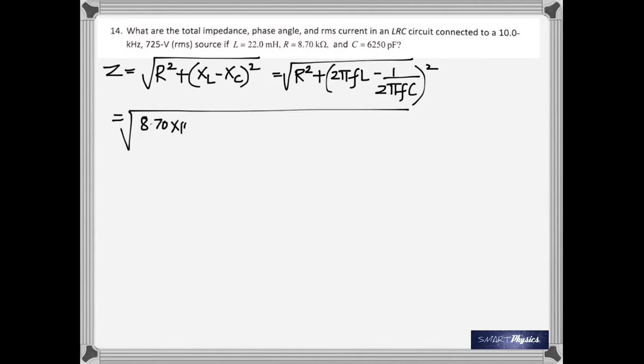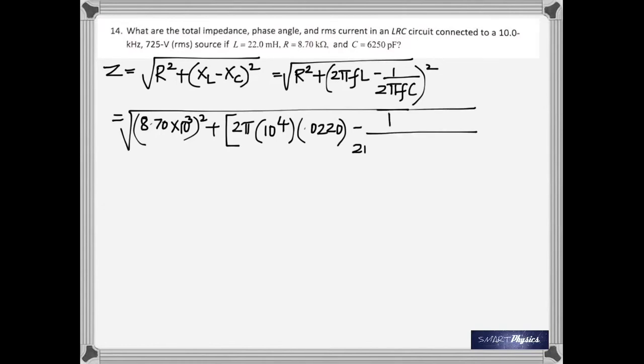And the resistance is 8.7 kilo ohms. That's why it's 10 to the 3. And 2 pi times the frequency is 10 kilohertz, which is 10 to the 4 times the inductance, which is in millihenries, and that's why it's 0.0220, minus 1 by 2 pi f, again frequency, and C, capacitance, which is in picofarad, so you have 10 to the negative 9 there.